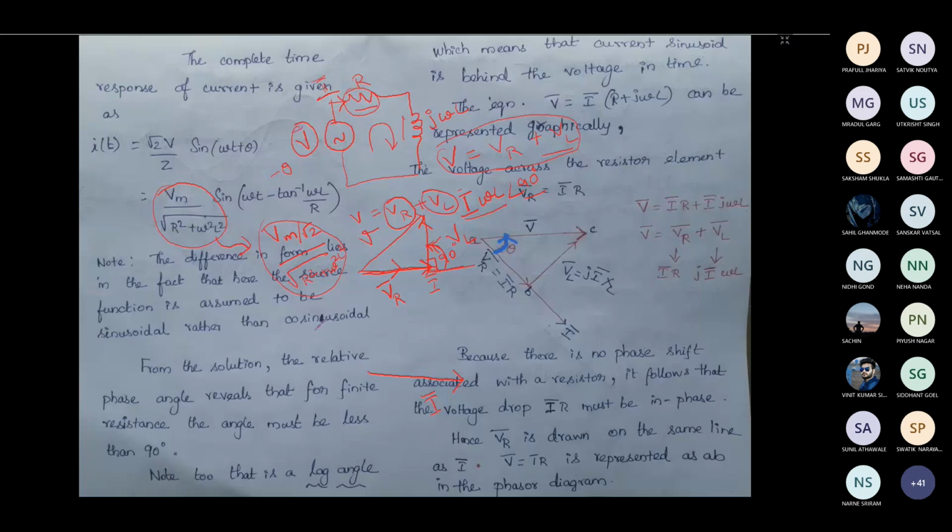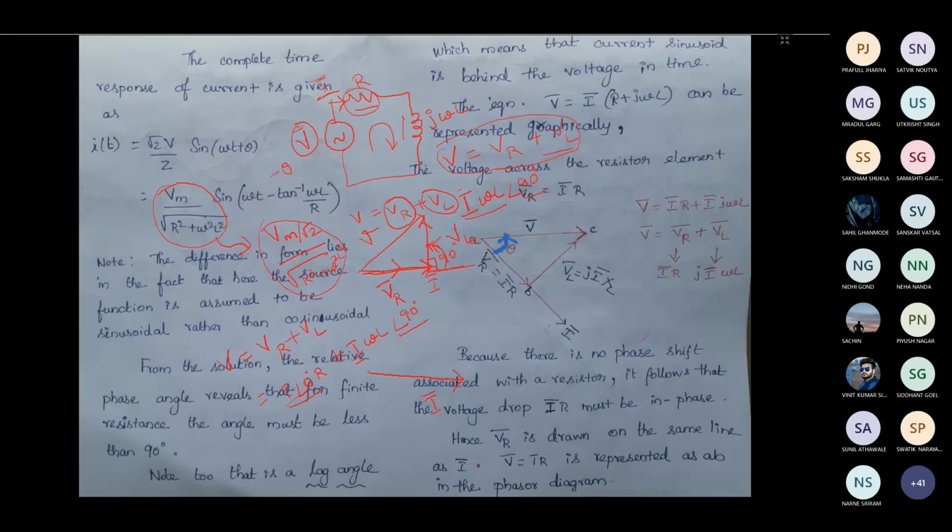Now what we need to do is add the voltage. Voltage rise is equal to voltage drop, VR plus VL. So what is VR? VR is nothing but I R, I angle 0 degrees into R, and the inductor voltage can be written as I omega L angle 90 degrees. With respect to I, VL has a 90-degree shift, and VR has a 0-degree difference.